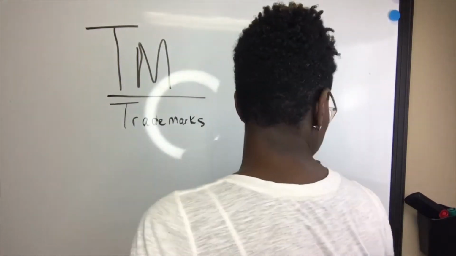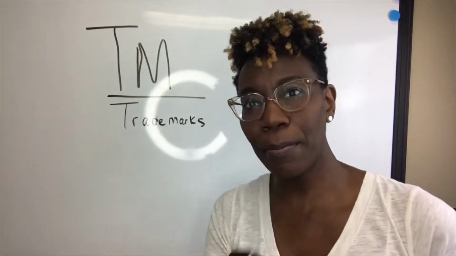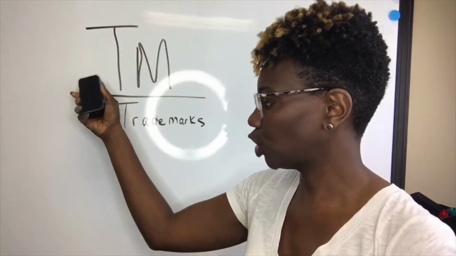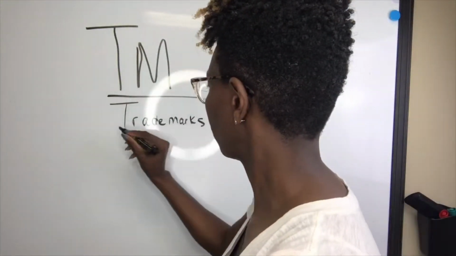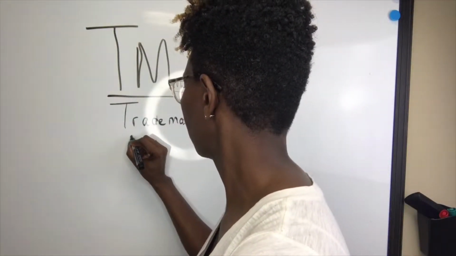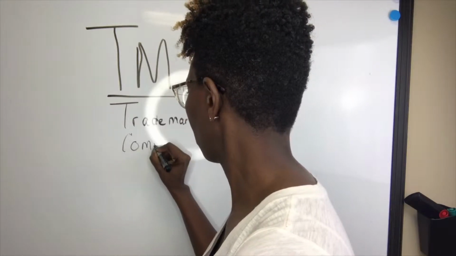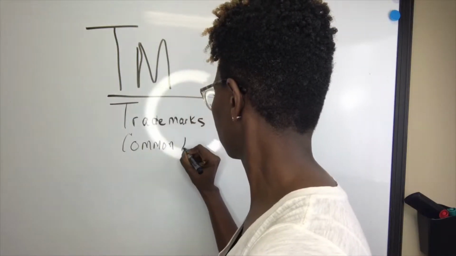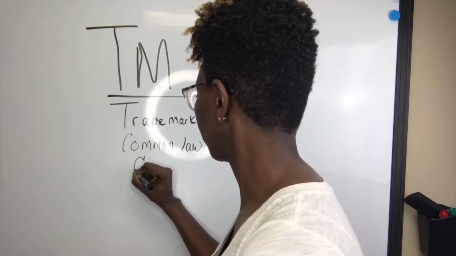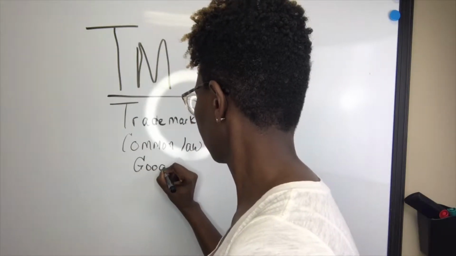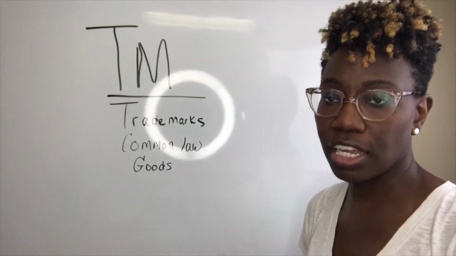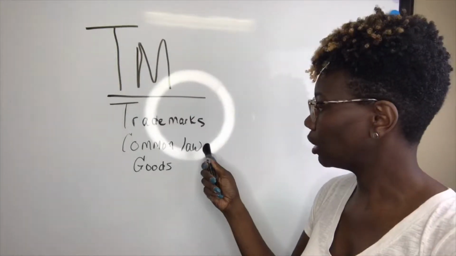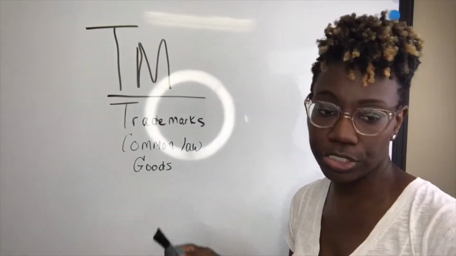The next one that we see, we don't see that much because most people use the trademark symbol interchangeably. We're going to put common law, and then we're going to put goods. So that's what that TM stands for: common law, so it lets you know you have a common law trademark and it's for goods.